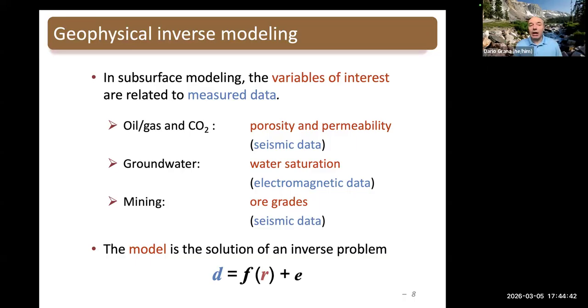For example, if we're interested in oil and gas, we typically care about the porosity, the permeability, the fluid volumes, but we cannot measure these properties directly in the subsurface. What we can measure is generally seismic data, sometimes electromagnetic data. We know that the seismic response depends on the spatial distribution of the properties that we care about, but we cannot measure these properties. We can only measure the seismic response.